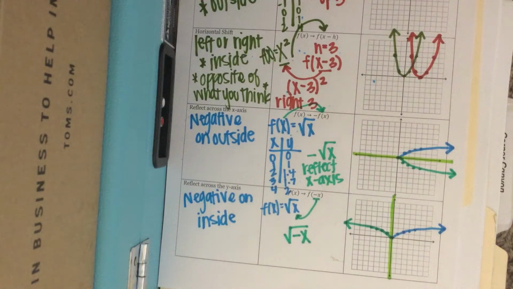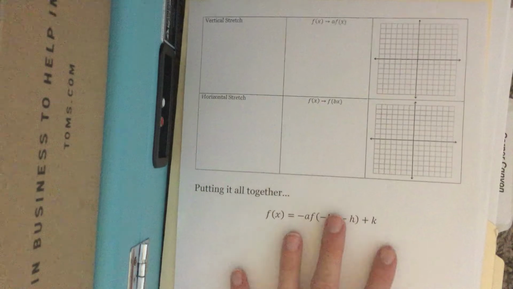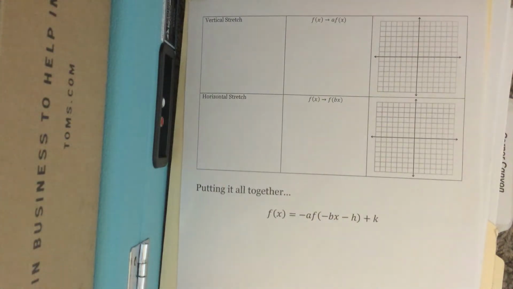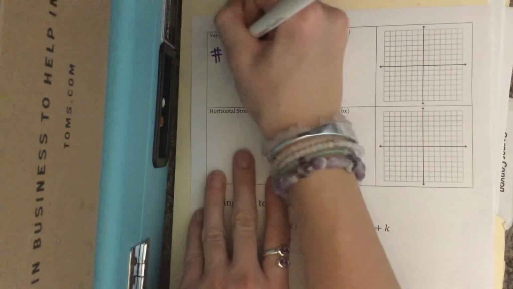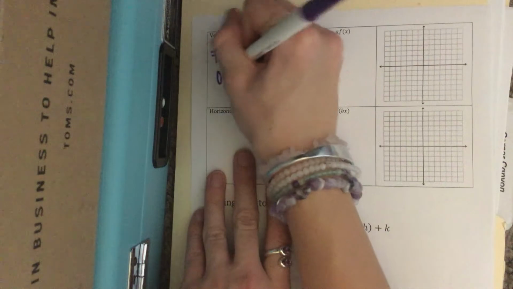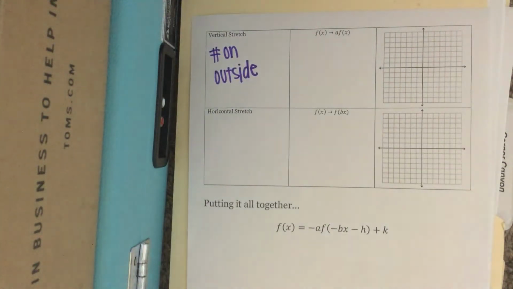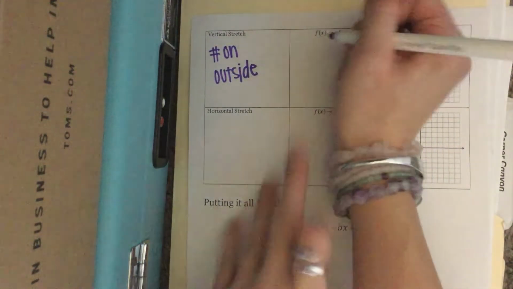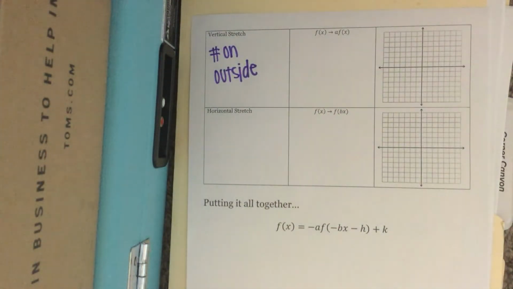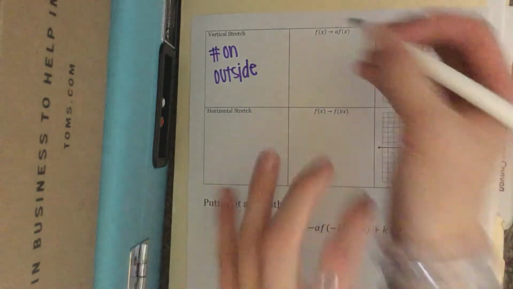We have a couple more. So for vertical and horizontal stretch, we just let the calculator do it for us, okay? So vertical stretch, this is when the number is on the outside. Let's use the absolute value function.